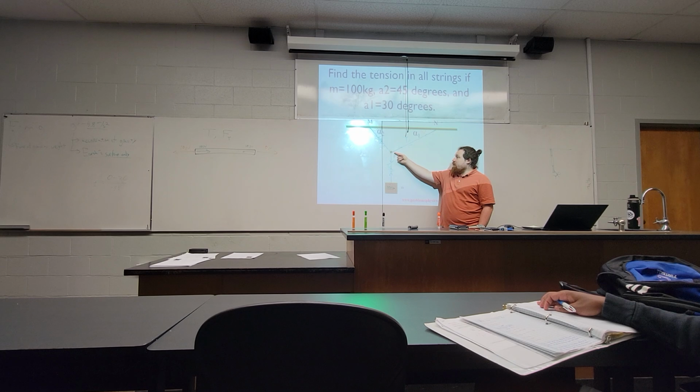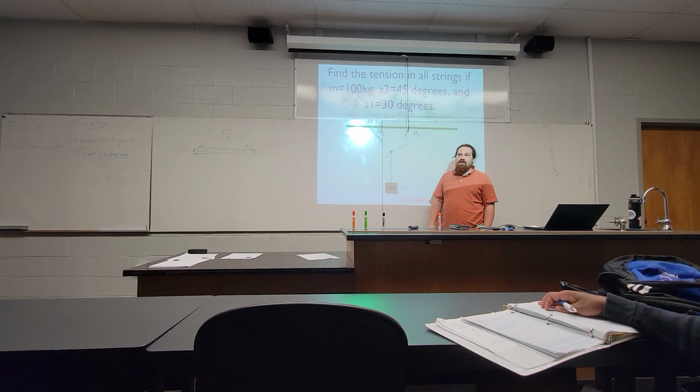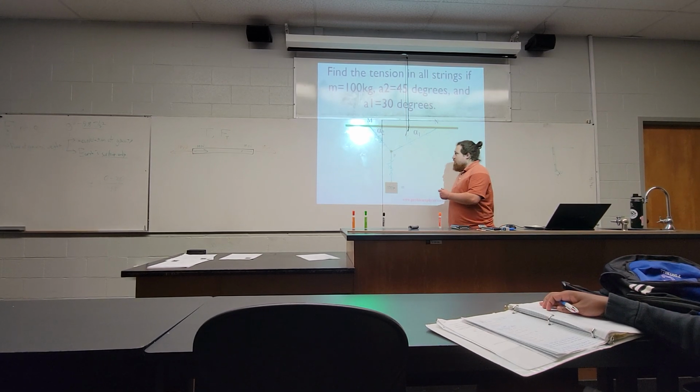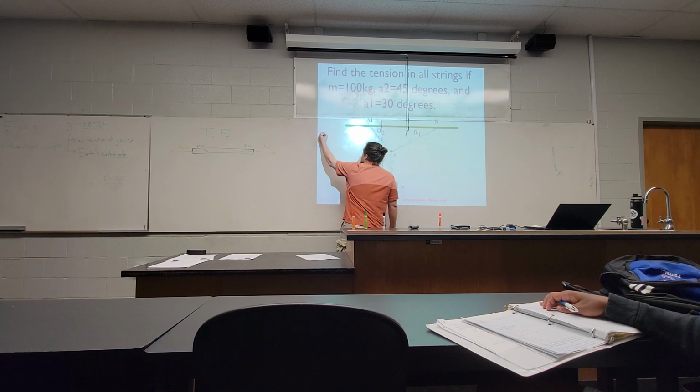If we were to begin with this knot here, we would notice that all 3 tensions are acting together on that particular spot. So I will write out the net force acting on that spot would be the sum of all 3 of them.